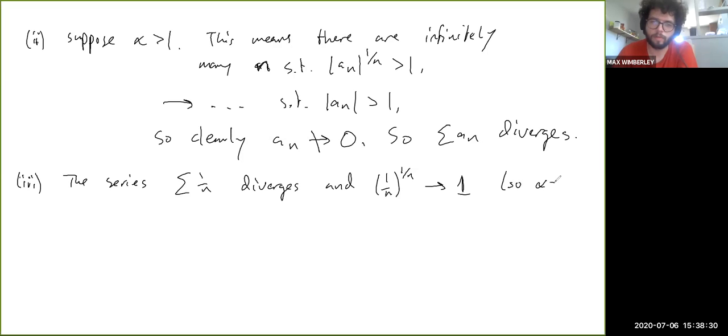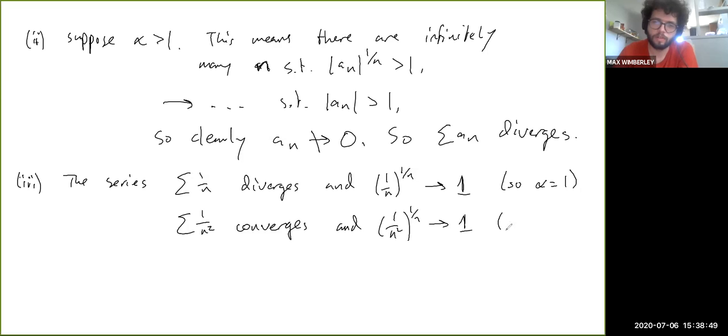So alpha equals 1 in this case, but 1 over n squared converges, and 1 over n squared to the 1 over n power also approaches 1. So alpha equals 1 in this case as well, right? So there are series which diverge and series which converge where alpha equals 1.